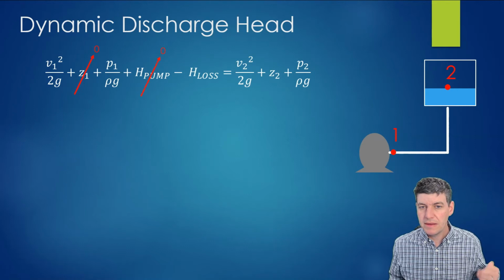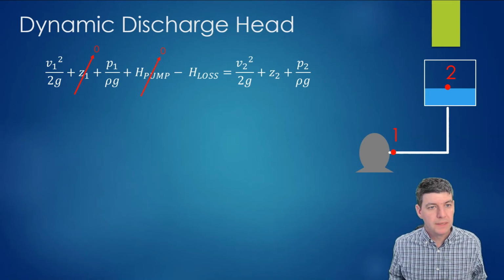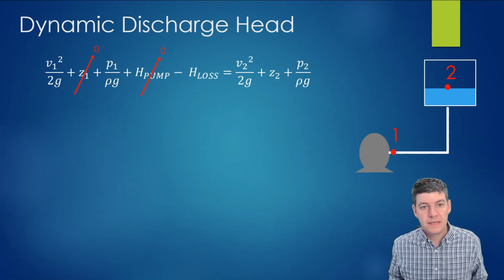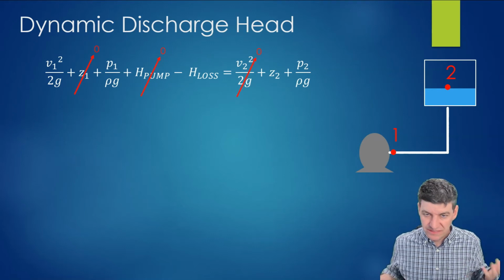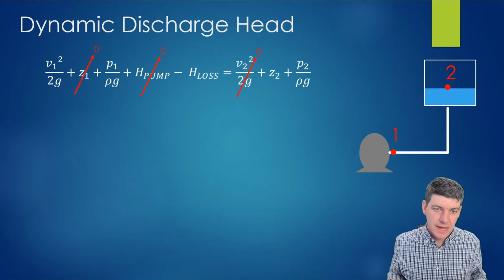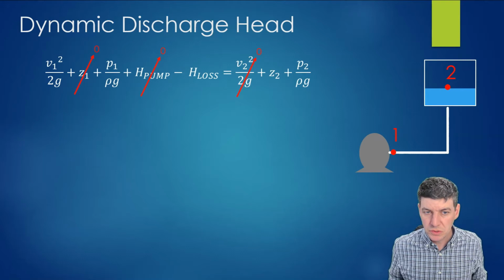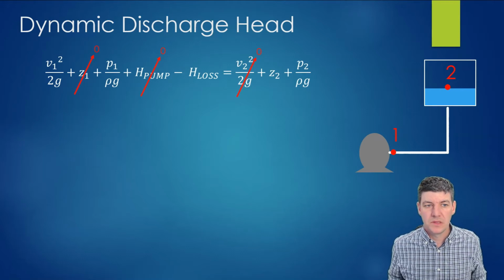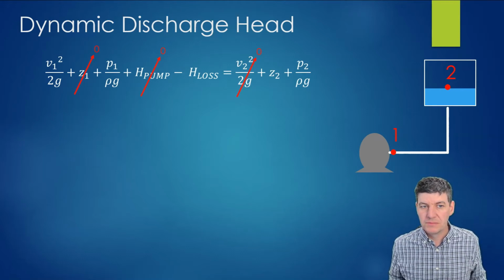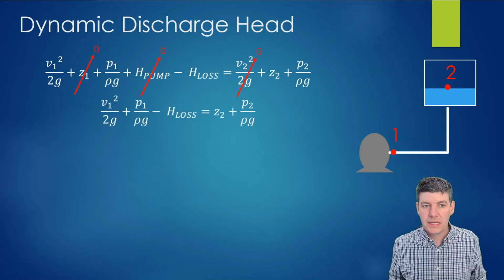Once again, in between 1 and 2, I don't have a pump. And if my tank is sufficiently large, I can assume that my velocity at 2 is going to be 0. So I've eliminated, once again, 3 terms out of Bernoulli's.